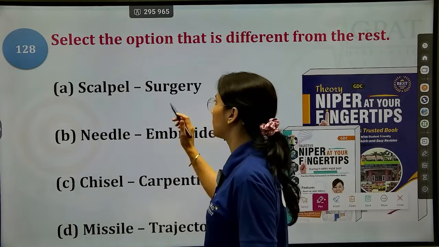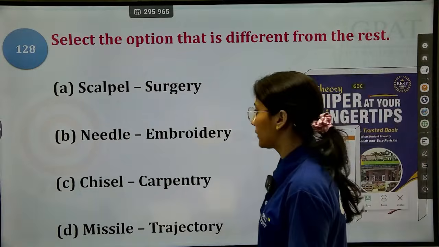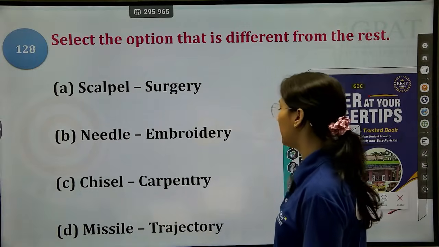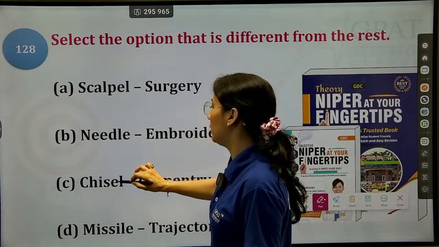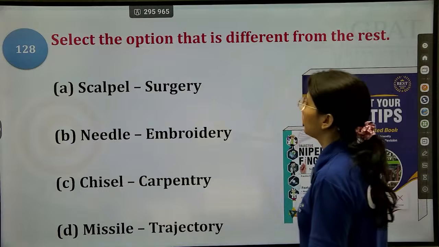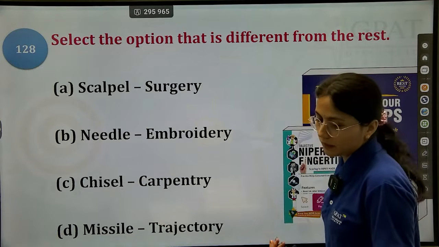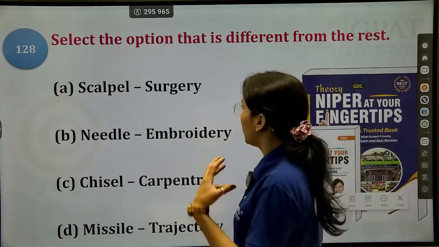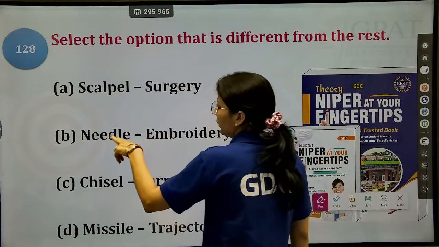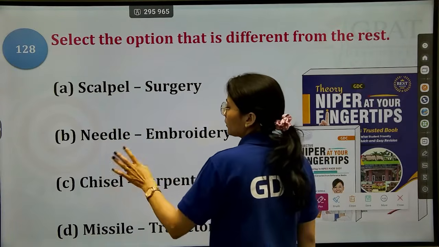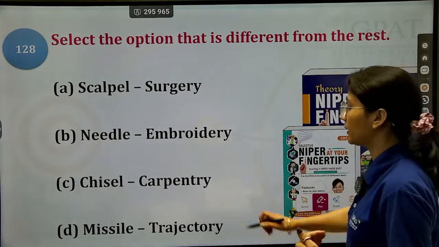Scalpel surgery correct, needle embroidery correct, chisel carpentry, missile trajectory. If we see scalpel, needle, chisel, for example, in surgery we use a scalpel, in embroidery we use a needle, in carpentry we use a chisel, but in missile trajectory, trajectory is a path.